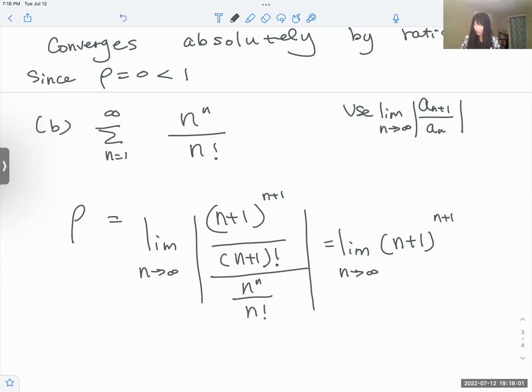Okay, so we cannot do anything yet. Then let's say times the reciprocal of that, so n factorial over n to the n, right? We have that. If you want, you can take the absolute value, but it doesn't really matter. All right, look.